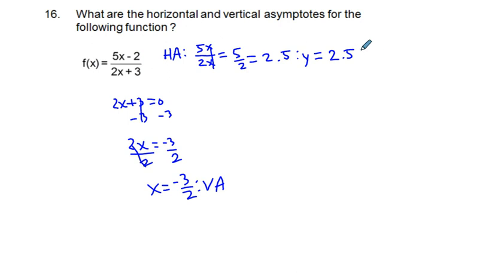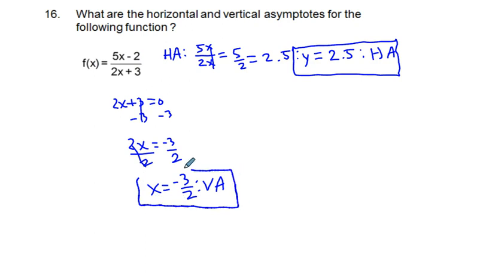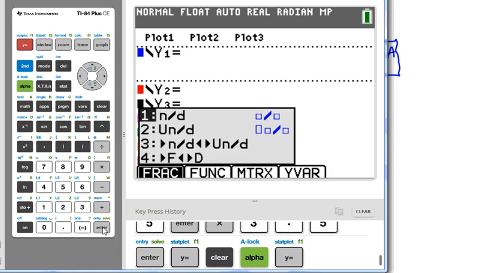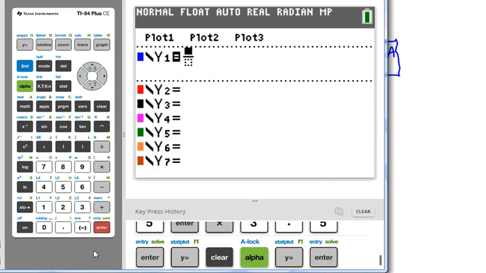This one right here, y equals 2.5, that's a horizontal asymptote. And there are other ways of doing this too. You can graph this in the calculator, see what it looks like to confirm. So if we go here, we put 5x minus 2 here.